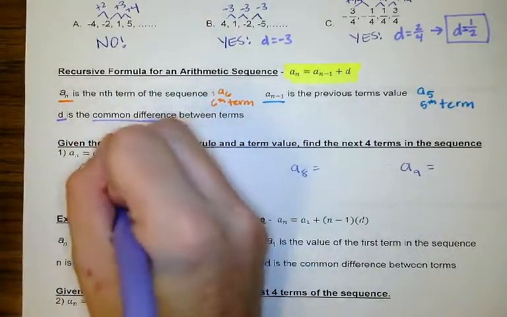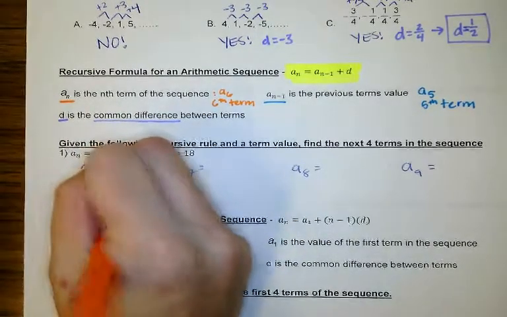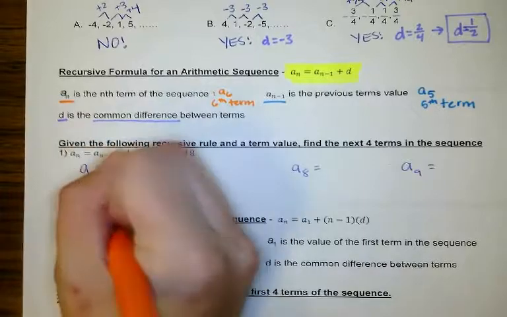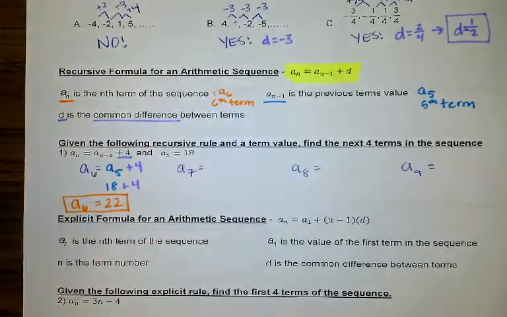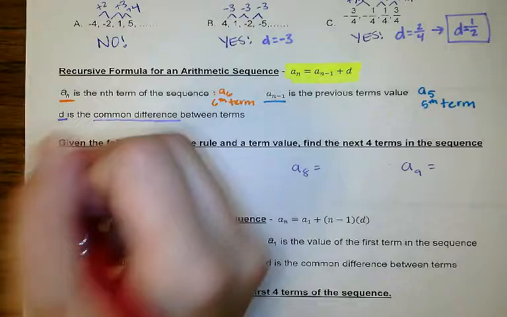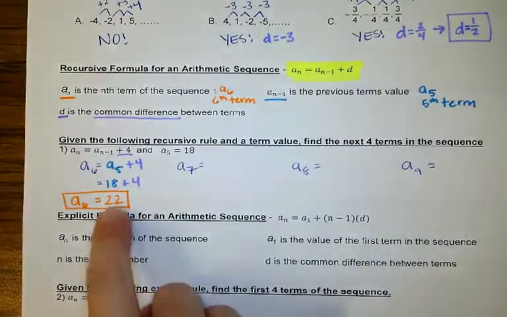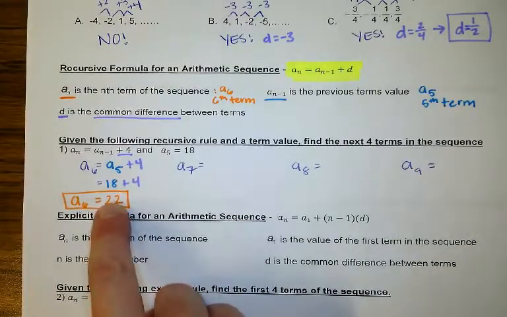What is a sub 6 equal to? 22. Do y'all feel good about that? A sub 6 is equal to 22. Are you kind of tracking there, or is this weird? Does that feel like a lot to write? No? Okay.